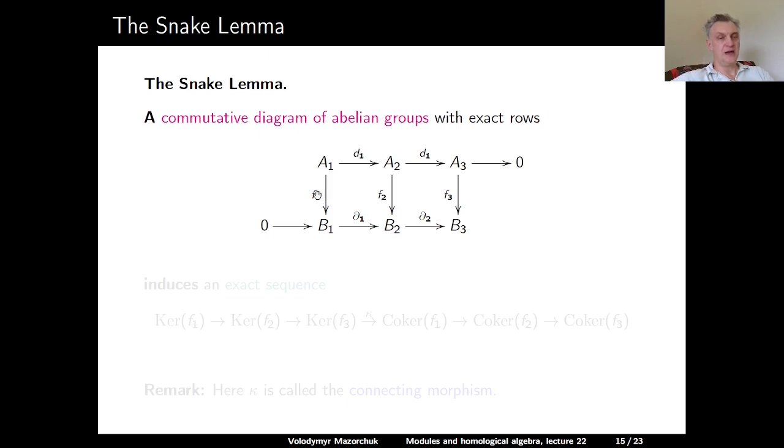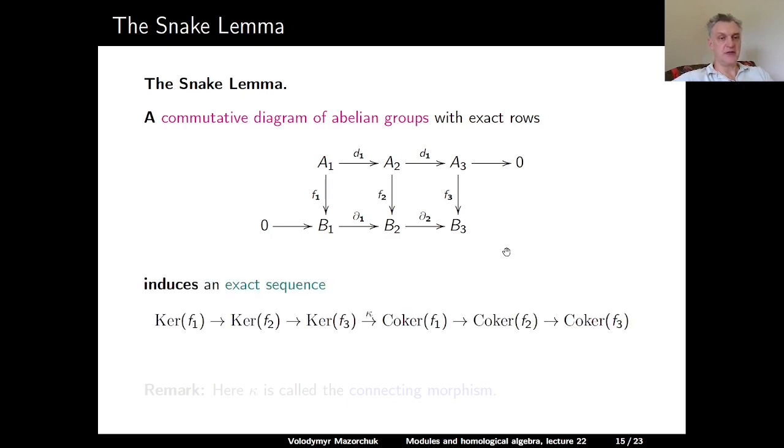And then we have the homomorphisms of complexes, F1 from A1 to B1, F2 from A2 to B2, and F3 from A3 to B3, which make this diagram commutative. So we have such a diagram, and the claim is that this diagram induces an exact sequence as follows.